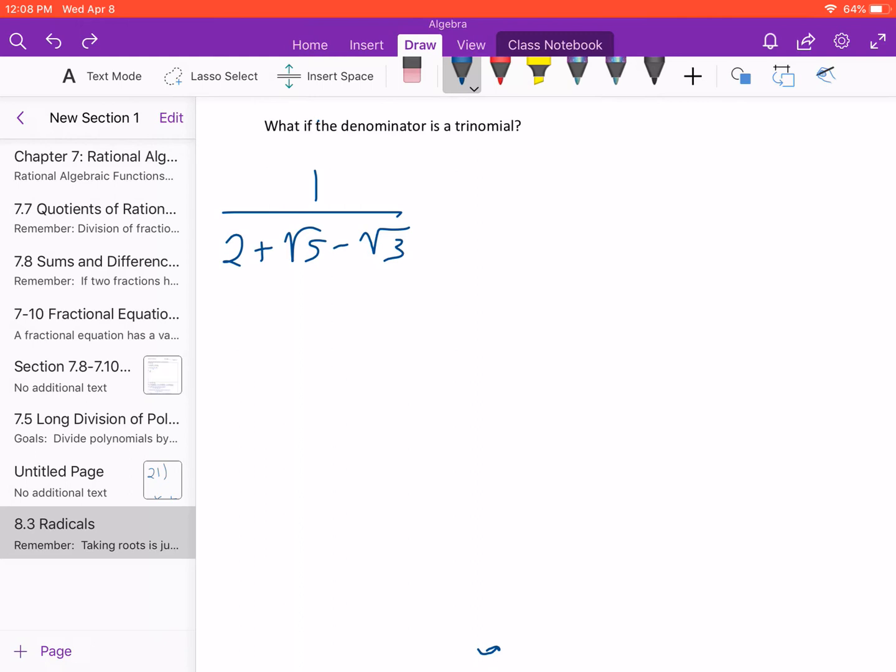And so what I would do with this problem, I would take 1 all over, and in parentheses I would write 2 plus the radical 5 and then minus radical 3. And I would multiply the numerator and the denominator by the conjugate.